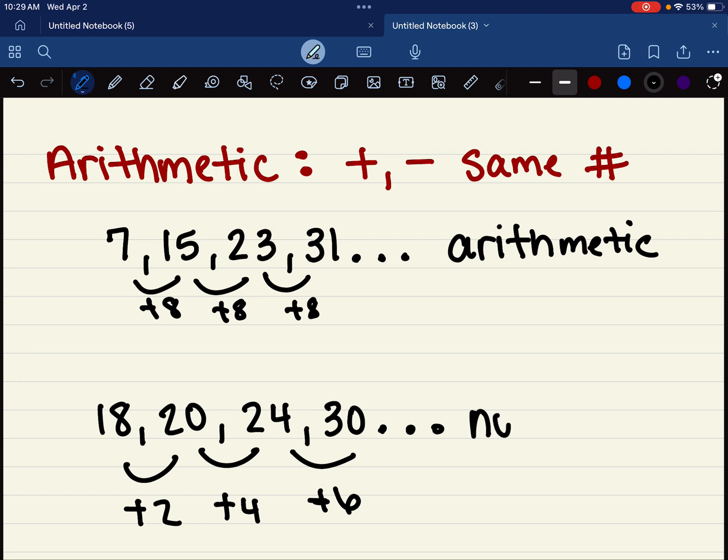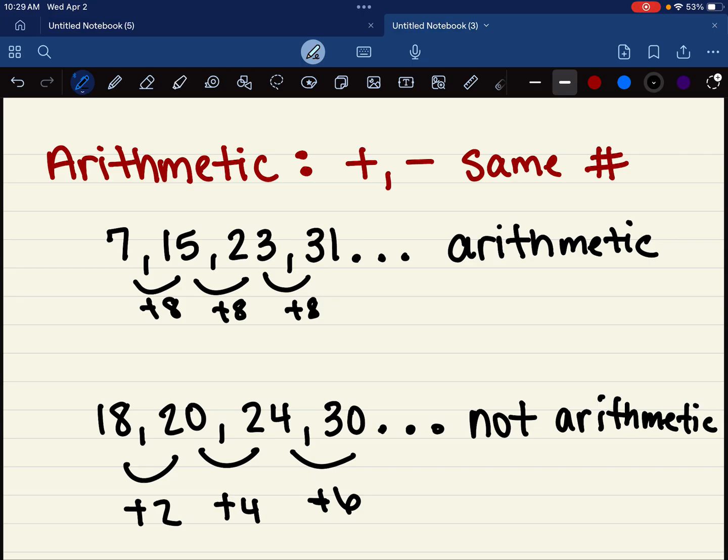Because it doesn't add the same number. We just write arithmetic or non-arithmetic. On today's you're going to be choosing arithmetic, geometric, or none. So if it's arithmetic, it has to be addition or subtraction, the same number every time. Fair enough?